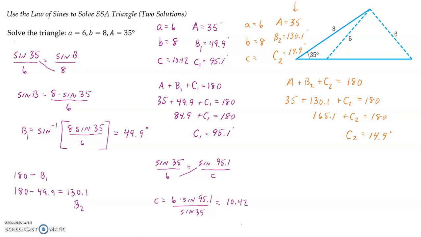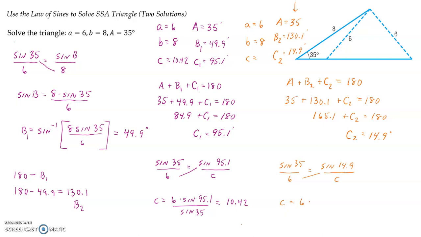And then for our final piece, we'll go back to our second triangle, and let's go ahead and calculate side C for that one. So we've got sine of 35 over 6 equals sine of 14.9 over side C. So again, we're going to cross multiply here.